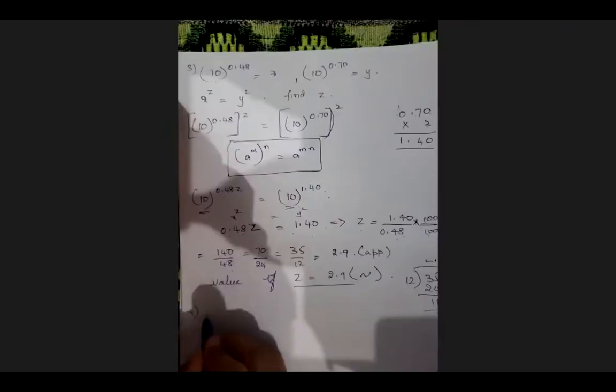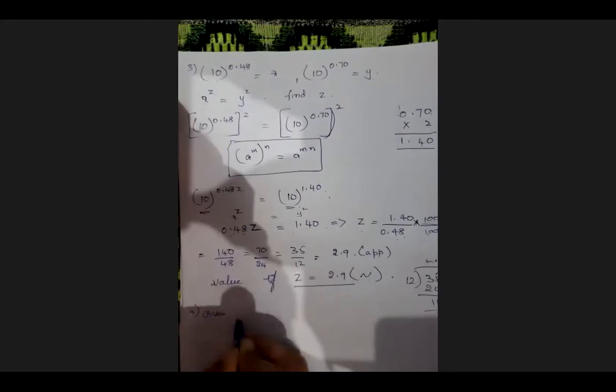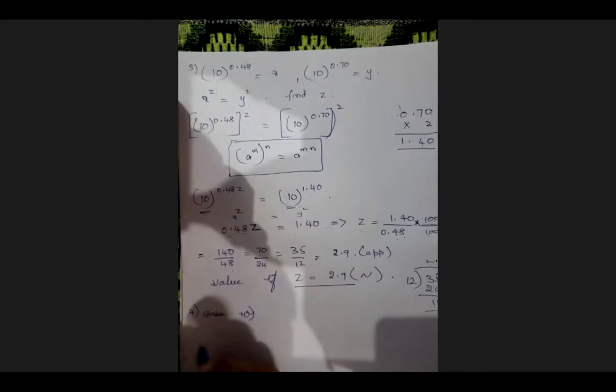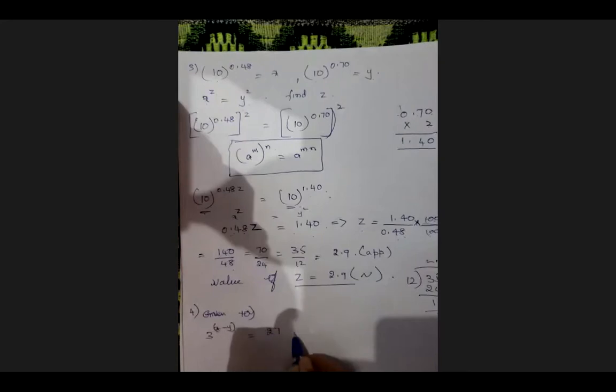So here, I think the next problem is also in the same way. Not that one, the fifth one. 3 power x minus y is equal to 27, and 3 power x plus y is equal to 243. And x is equal to dash.